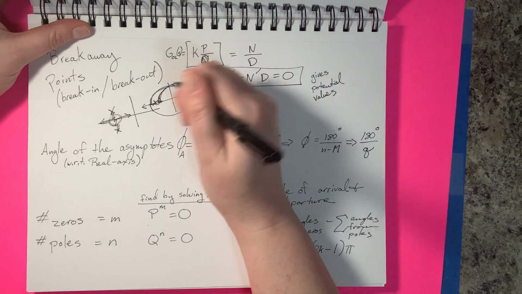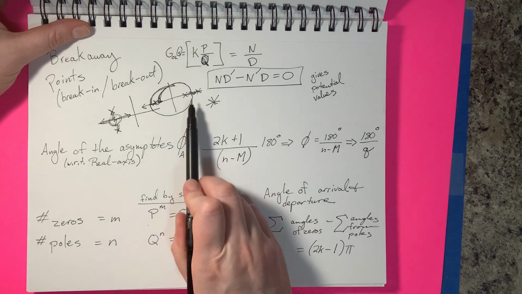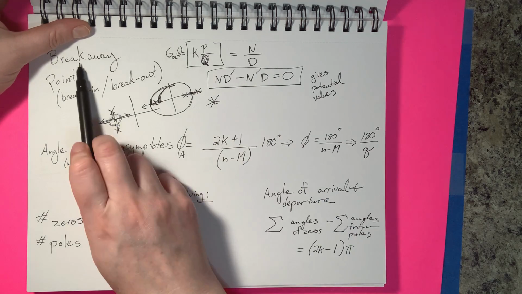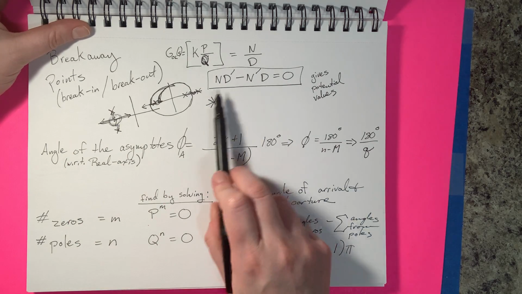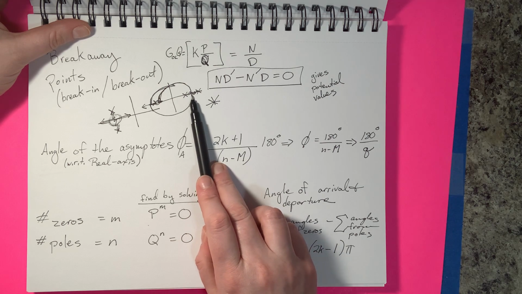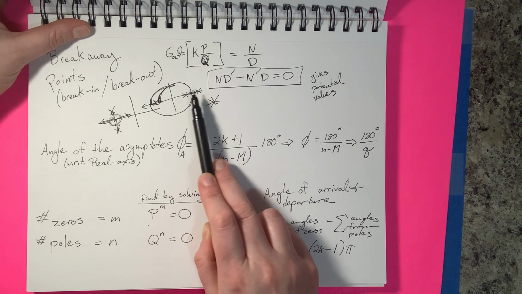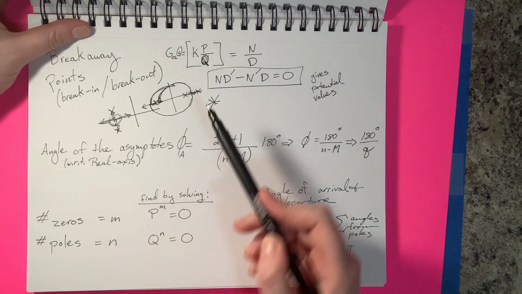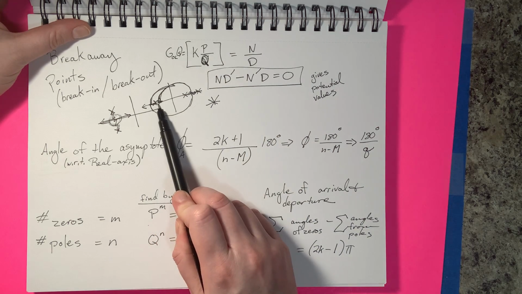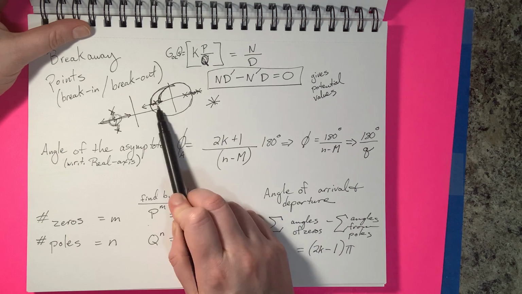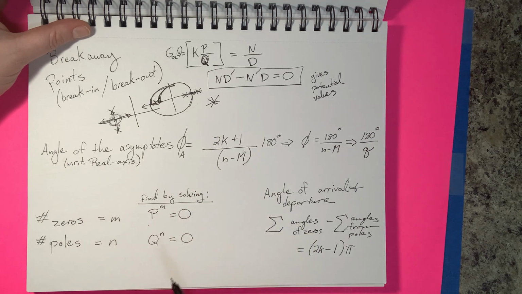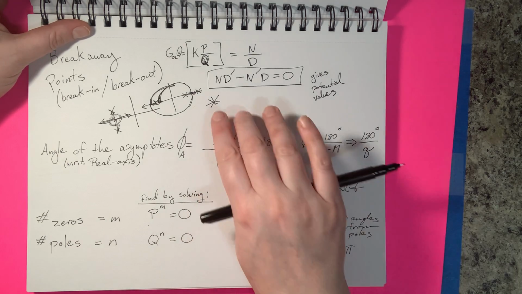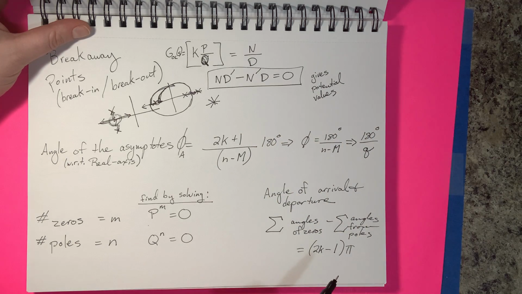So in this case, I would have 2 breakout, break-in points as a result. I would need to look for one that was positive on the real axis, and one that was negative and made sense, okay? So whatever the values of your poles and your 0 are, you would be able to figure out which one is which.